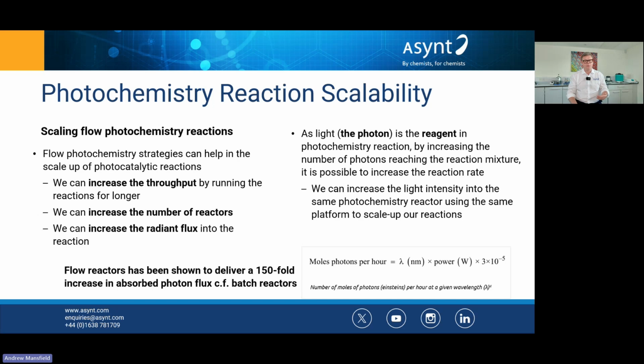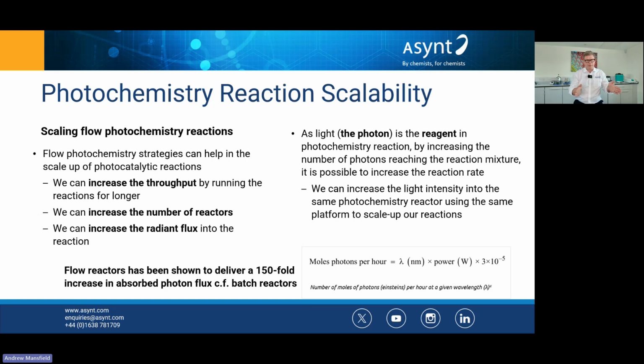So when we scale a continuous photochemistry reaction, we're looking at a number of different strategies, and these are similar to how we would scale up a traditional flow chemistry experiment. We can increase the throughput of the reaction by just leaving the reaction running for longer. Then we're not having to change any of our reaction conditions.